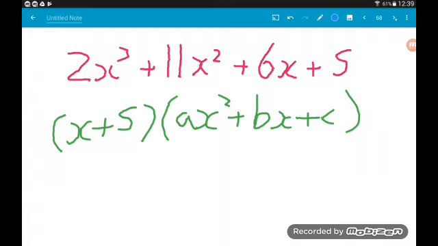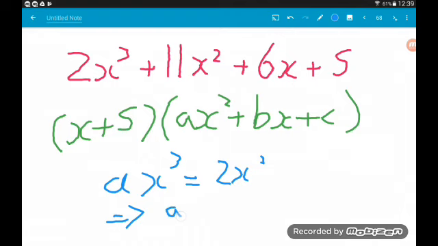The only x cubed term that we would get when we multiply this out would be ax cubed. Now, up in the cubic, we've got 2x cubed, so we know ax cubed has to be 2x cubed. Therefore, a is equal to 2.